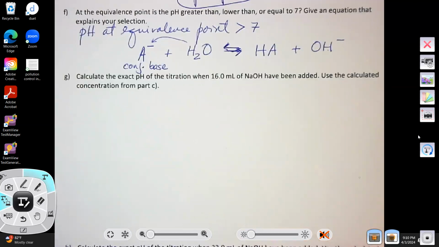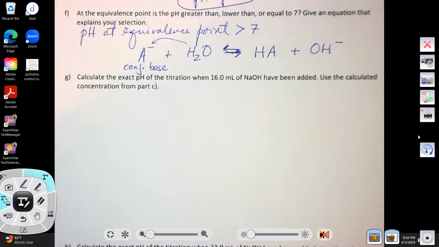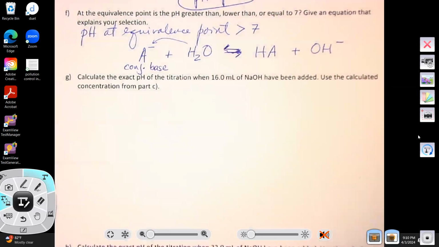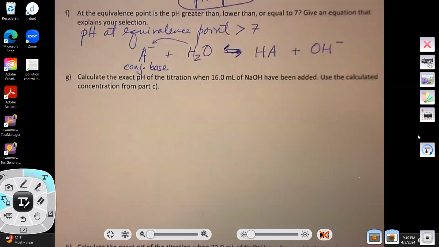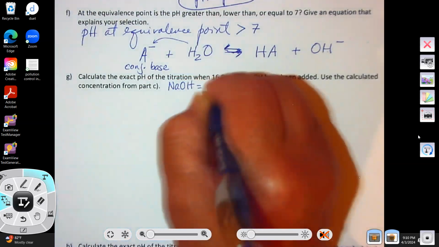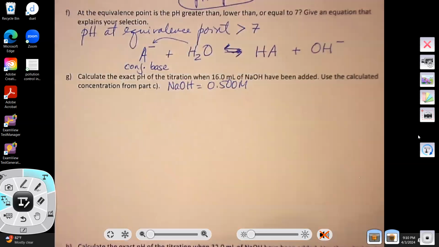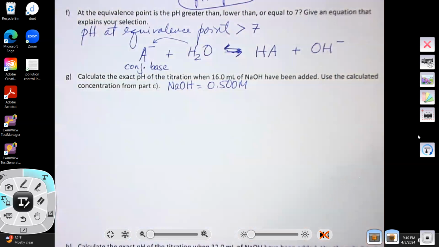Okay, so the next question says, calculate the exact pH of the titration when 16 milliliters of the sodium hydroxide have been added, and use the calculated concentration from part C. So remember, the calculated concentration from part C for sodium hydroxide was 0.500 M. All right, so they want us to calculate the exact pH of the titration when we have added 16 milliliters of sodium hydroxide.